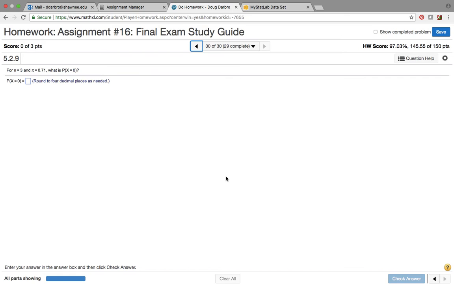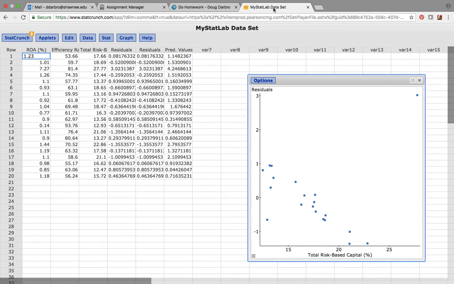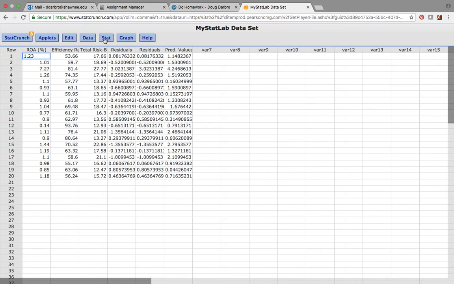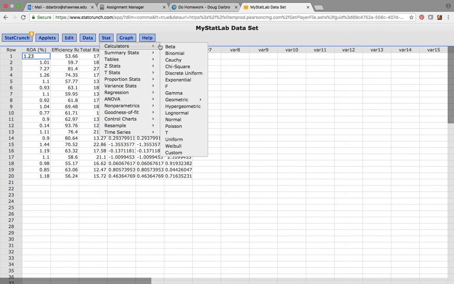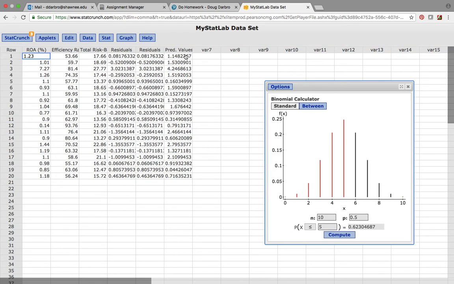Seems like forever. So this is a binomial distribution. So we have three. We have a population proportion of 0.71. Find the probability that x is equal to 0. So gang, what I would do here is I would go to STAT calculator, and I would go to binomial.